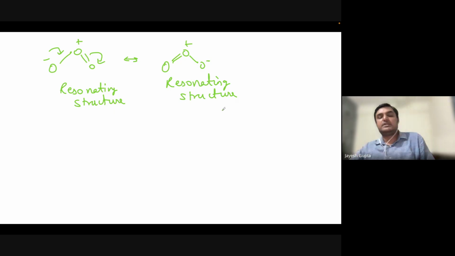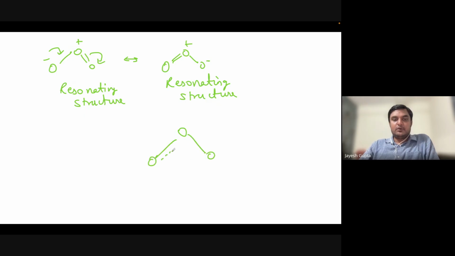Now, if I talk about the resonance hybrid, the resonance hybrid should give the properties of both. So how will it look? See, the pi bond is actually coming between both oxygen atoms, here also and here also. So you have to draw a dotted pi bond. It is actually coming in between both atoms. And you can see the negative charge is also shared between the two atoms.